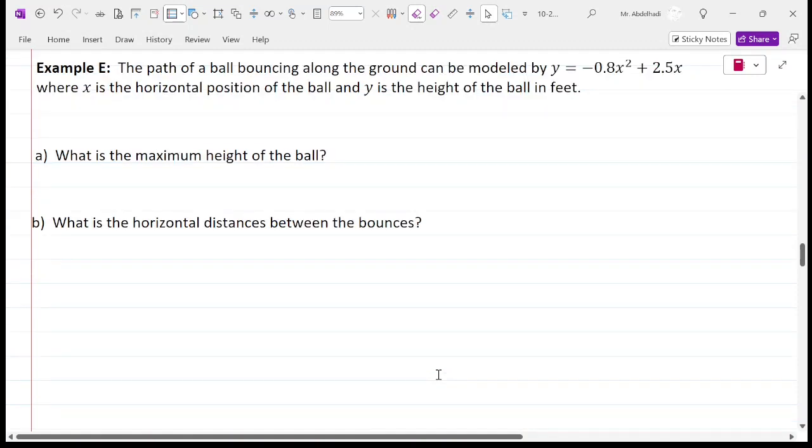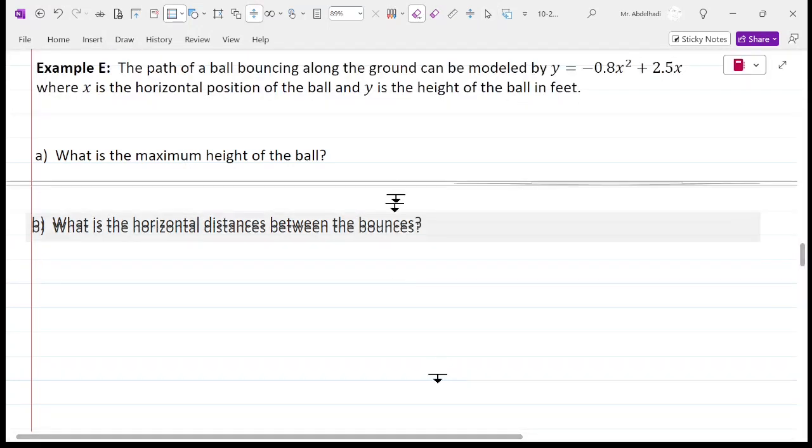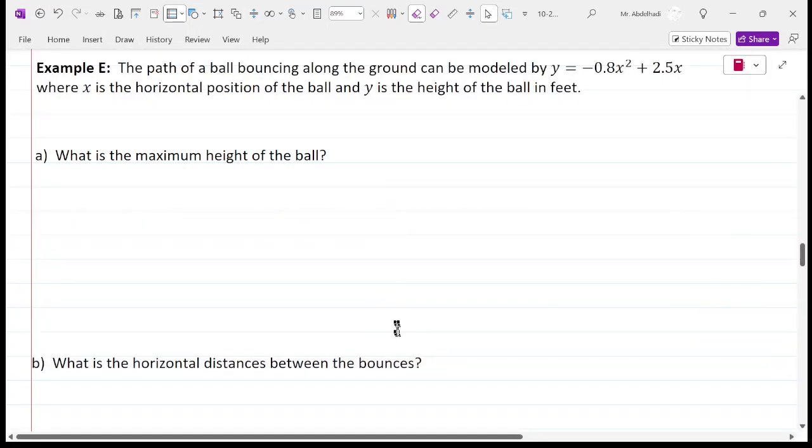The path of a ball bouncing along can be modeled by y equals this function right there. Where x is the horizontal position of the ball and y is the height of the ball. What is the maximum height of the ball? So what you have here is a repeated kind of bounce. Okay? So you have a floor.